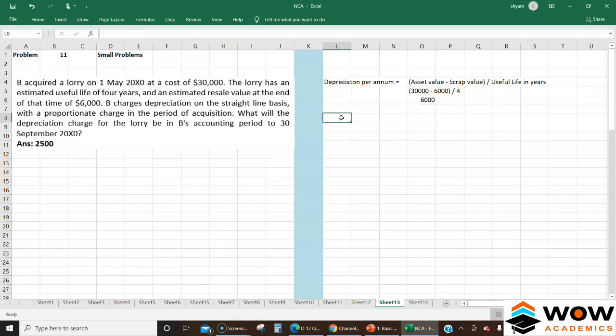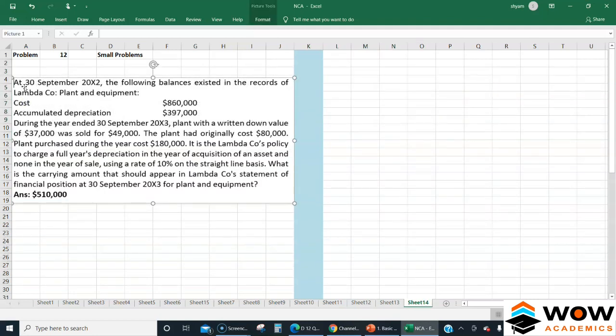Depreciation for 5 months equals 6,000 into 5 months, and that comes to 2500. This is again a simple sum. The way they give the sum is tricky. So we'll go to the next one.